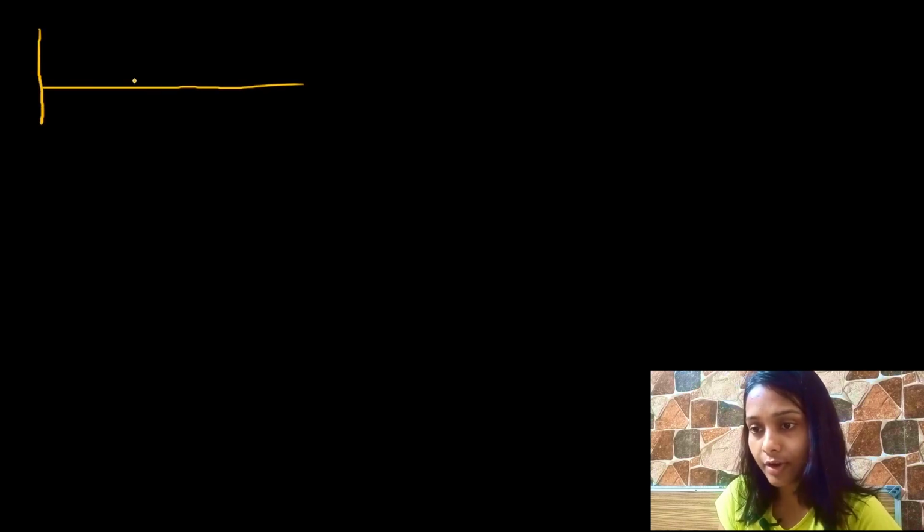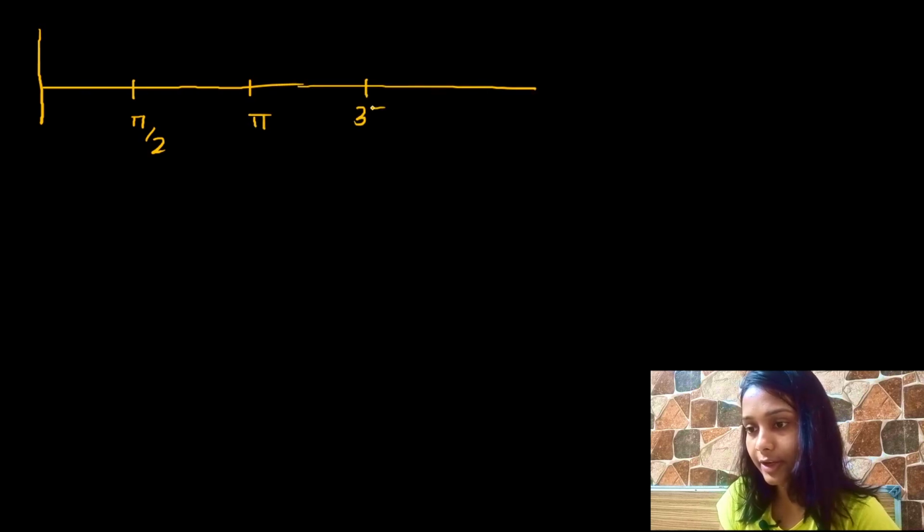So now see the graph of sin x is like this. Suppose this is pi by 2 and this is pi and this is 3 pi by 2 and this is 2 pi.